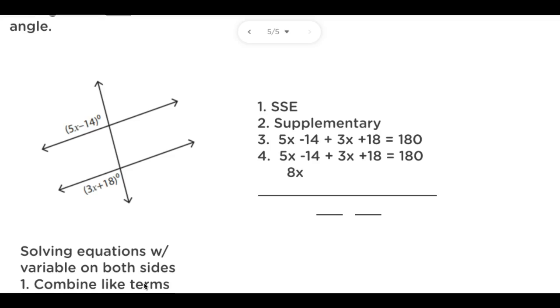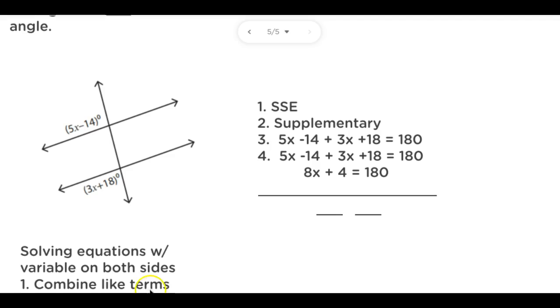Remember, minus and negative are the same connotation. They have the same value, which is decreasing a number by the same amount. Because it's in the equation, we're going to say minus 14, and that's going to be plus 18. That's going to give us a positive 4, and that is equivalent to 180. Boom. We have combined our like terms.